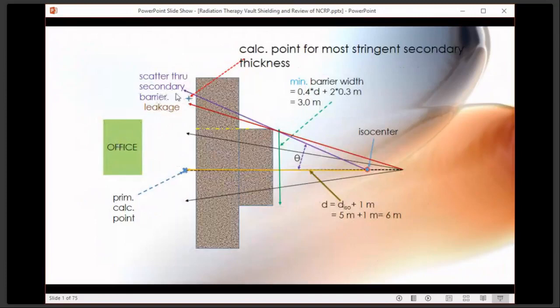So our calculation point for the two is really this location, but we're going to assign a scatter angle of theta, which turns out to be 26 degrees in the layout here for the scatter radiation, and the angle for the leakage radiation is only 21 degrees. So there's slightly different geometries, as you can see. But this location is going to get a fairly energetic scatter radiation beam to be added to the leakage radiation.